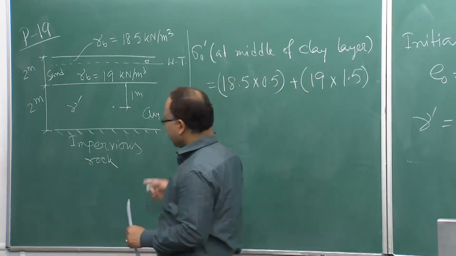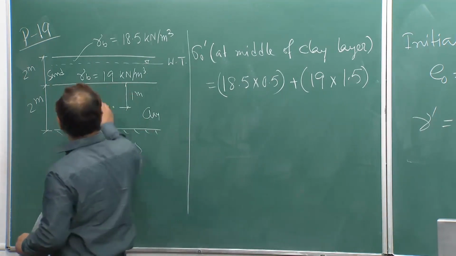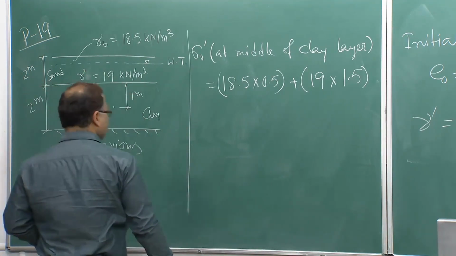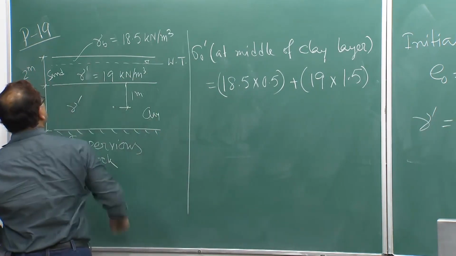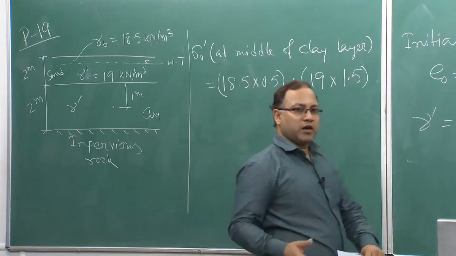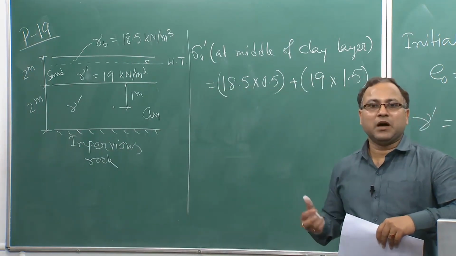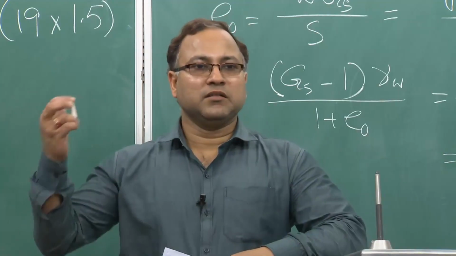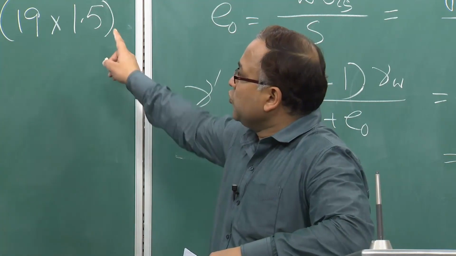This should be your gamma submerged anyway, because below the water table, it should be your gamma submerged, nothing but your bulk unit weight below the water table. So, that is 19 into 1.5.